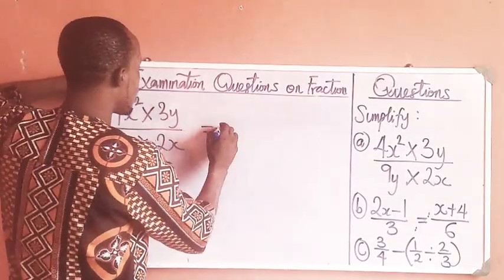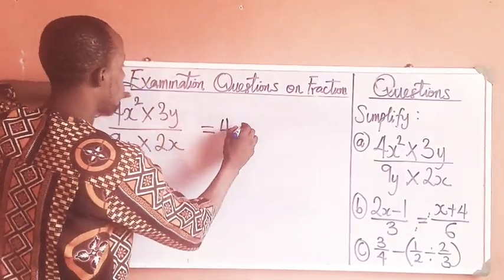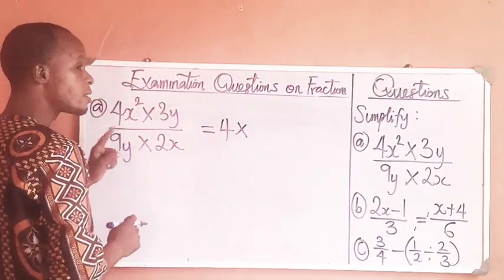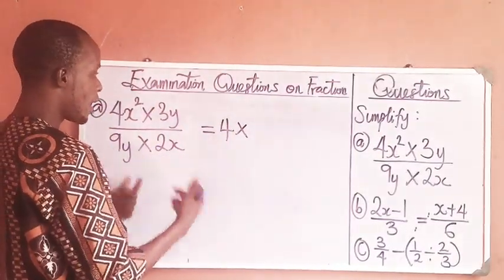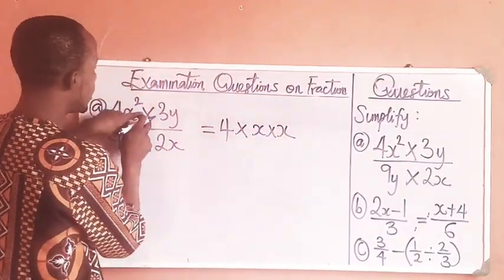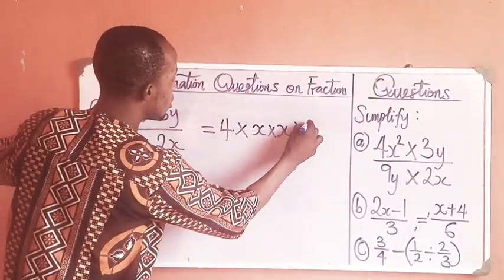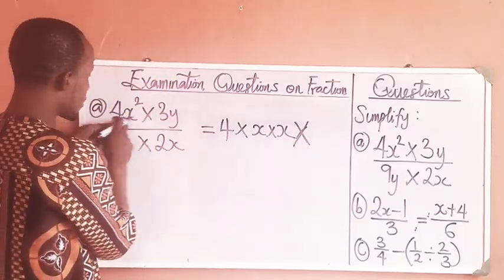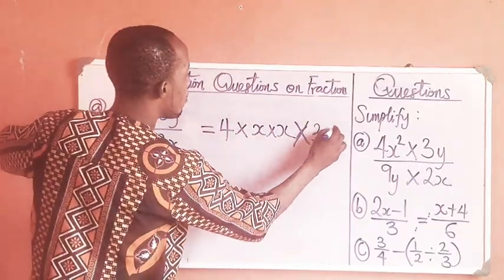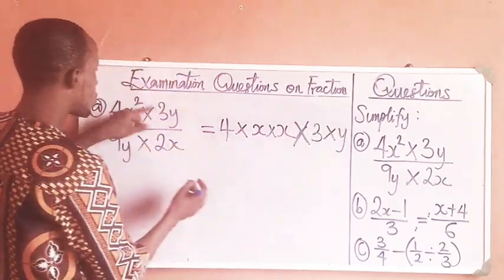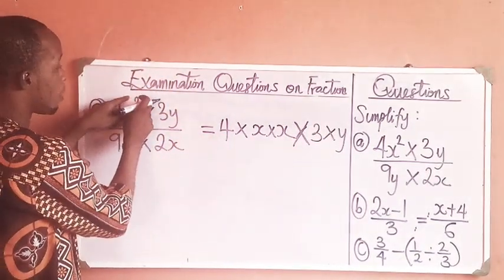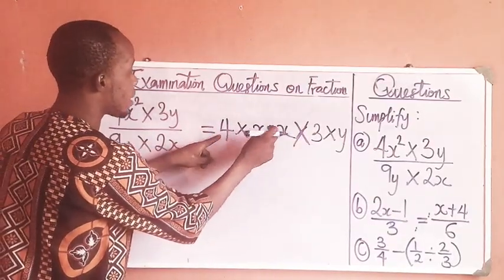2 this way. 4 multiplied by x raised to power 2 simply means x times x. X times x, and then the multiplication, the big multiplication, separating the two terms, okay? 3 multiplied by y. So with this, we have converted 4x raised to power 2 to 4 times x times x.